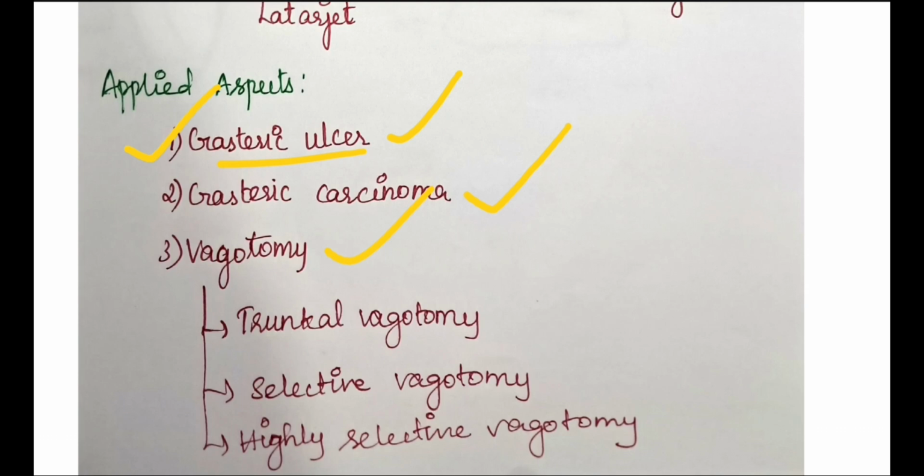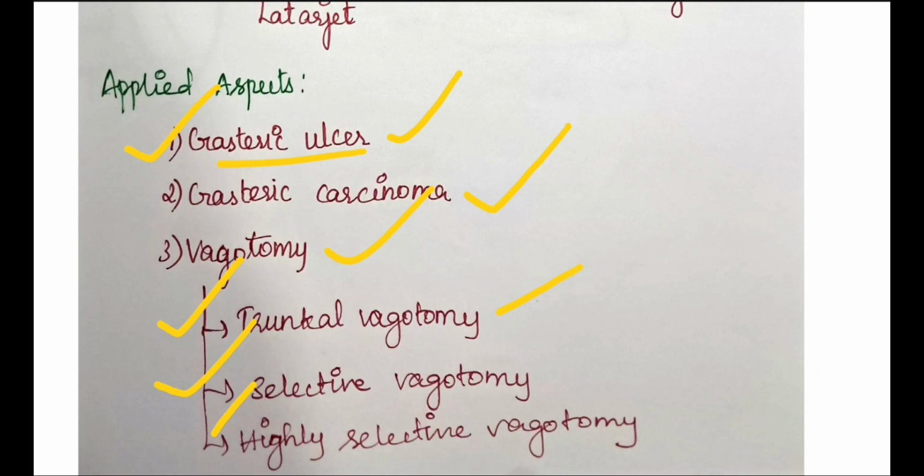The common site for gastric ulcer is along the lesser curvature, whereas gastric carcinoma mainly occurs in the greater curvature. Coming to vagotomy, we have 3 subdivisions under it: truncal vagotomy, selective vagotomy, and highly selective vagotomy.